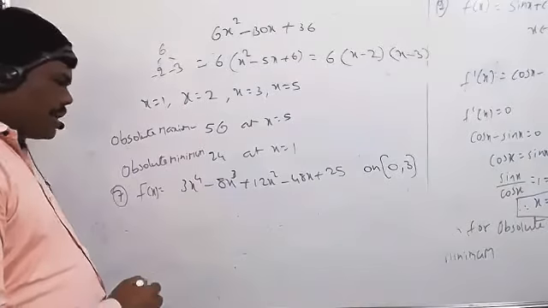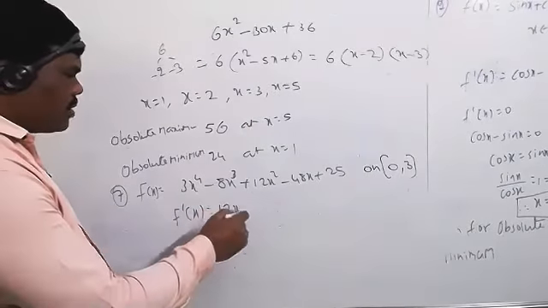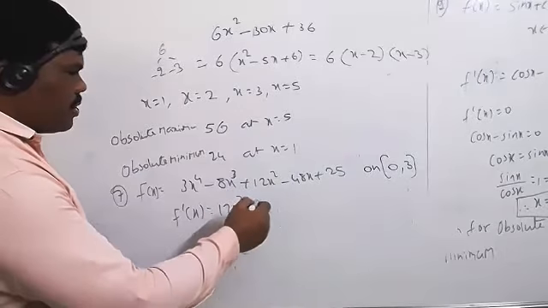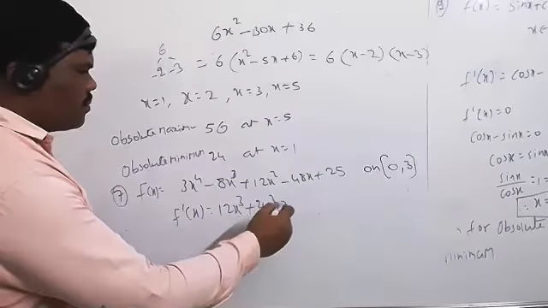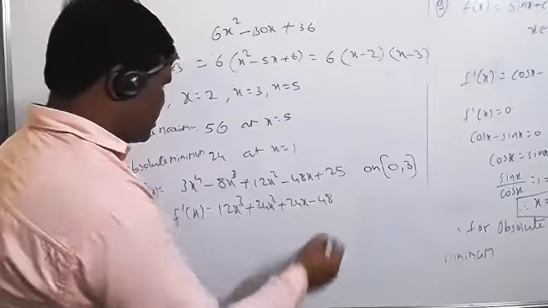If we go up to critical points, I'll give you. Take f dash of x equal to 12x cube minus 24x square plus 24x minus 48.